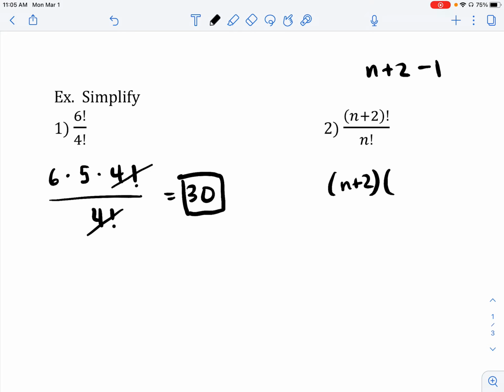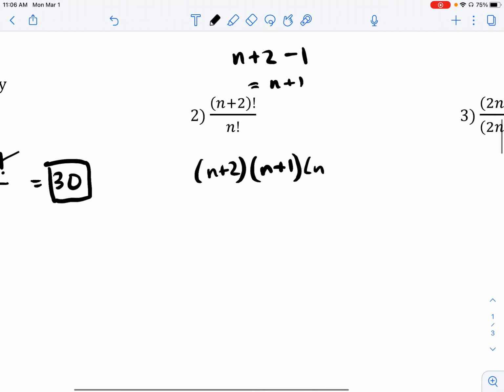Well, it's just n plus 1. So this is n plus 1. Well, what's n plus 1 minus 1? It would just be n. Well, what's n minus 1? n minus 1. Then n minus 2, and so on. And this is going to go on infinitely here because we're not dealing with actual real numbers. We're dealing with variables.